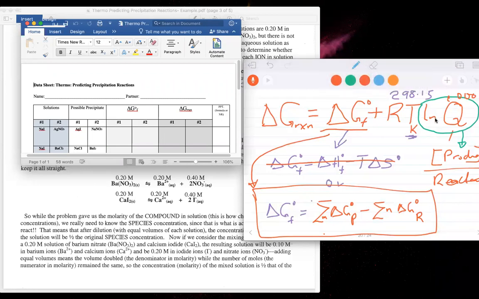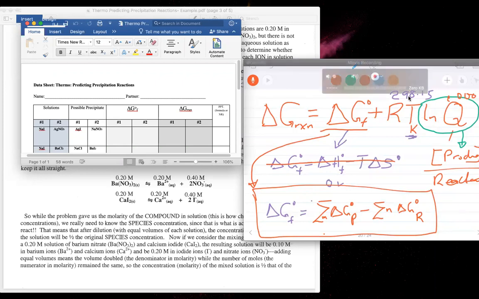Now, somebody pick for us, for the entire class, which reaction do you want me to use as an example of the data sheet you have?